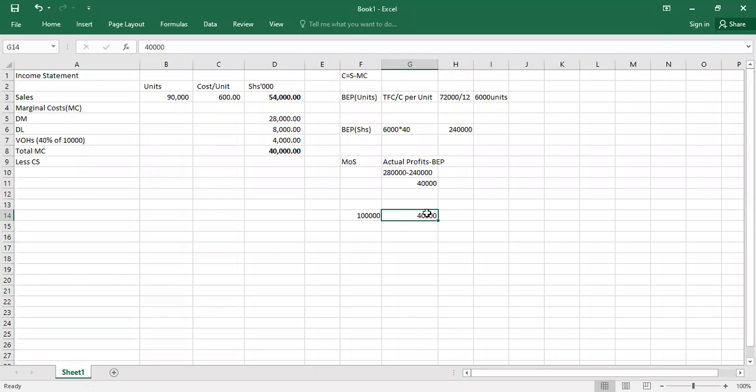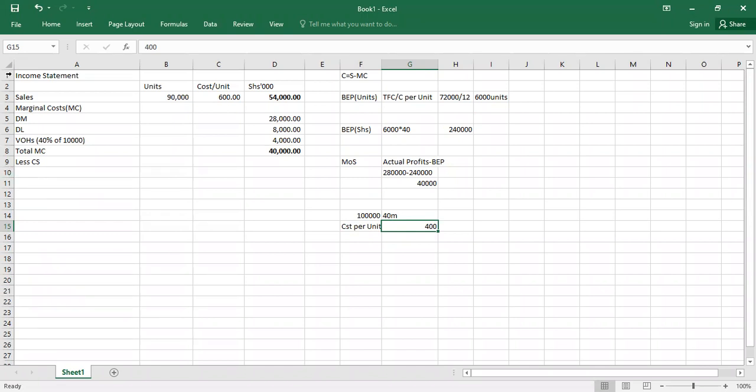This should be 40M. 40M divided by 100,000, you are going to get 400. So this is the cost per unit. You see, you're working with the 600, but our marginal cost doesn't have the fixed cost. That's why we are talking of the 40%, isn't it?